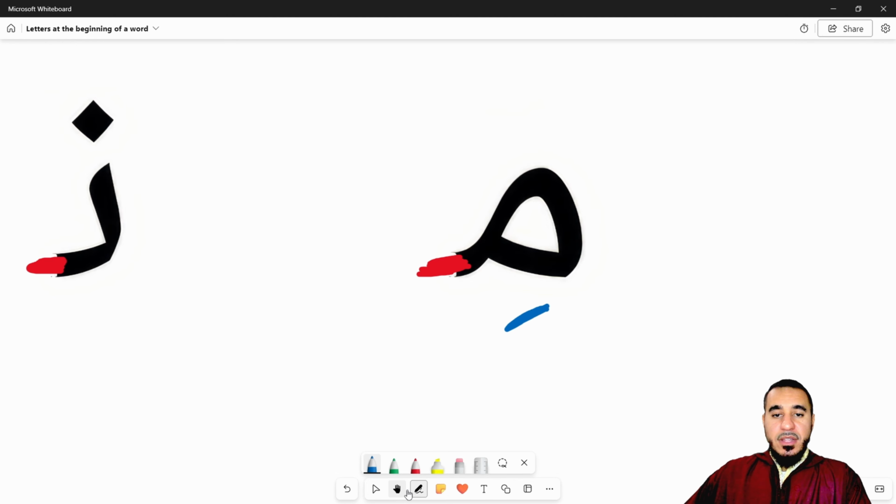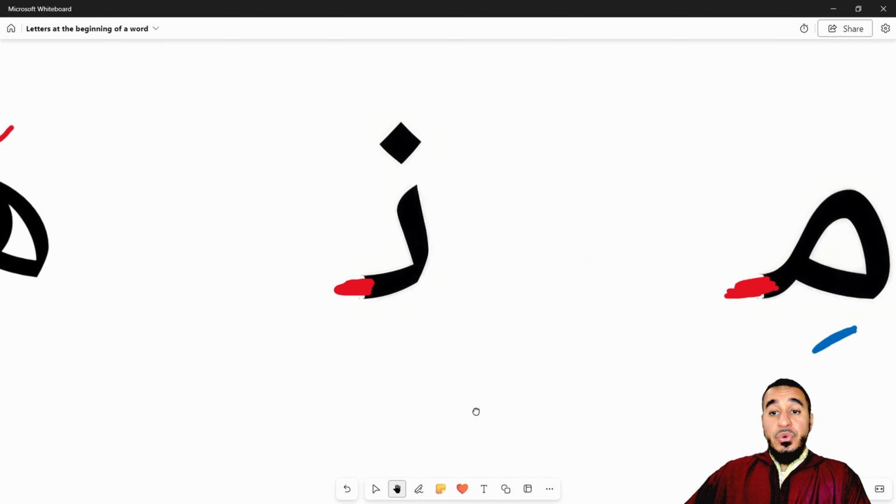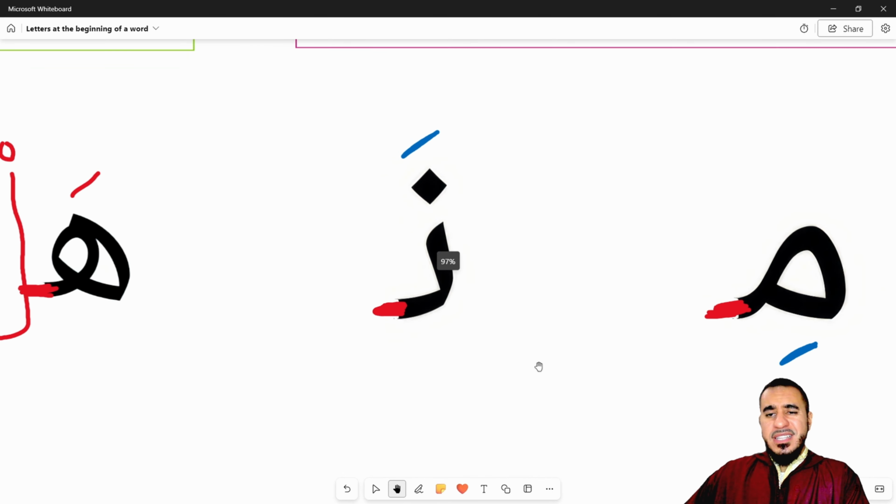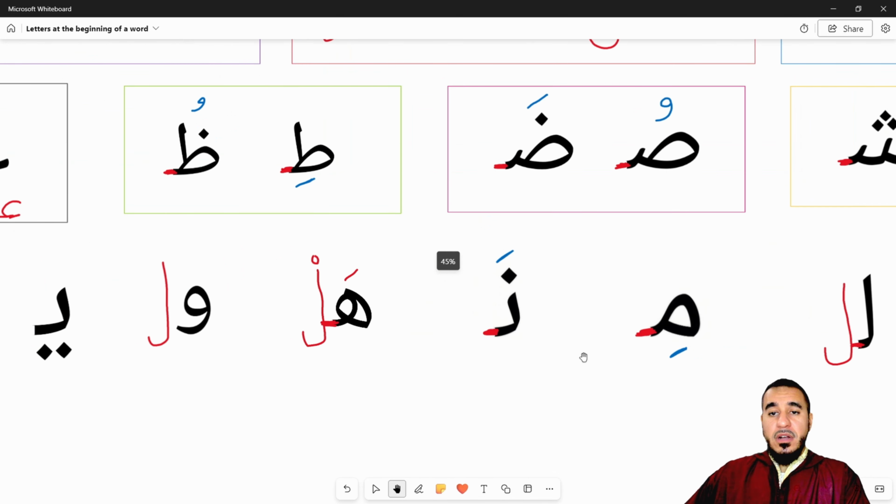And the nun, when it has the fatha above it, it would be the n sound plus the a sound. So it would be na. So very straightforward. Again, they make the same sound as the solo letters with the different harakats. The sounds do not change. It's just the appearance.